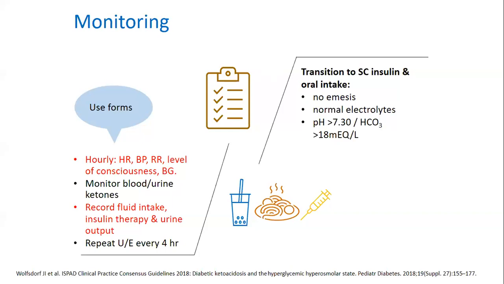So we do not recommend transitioning patients to Mixtard. We recommend that we switch them to basal bolus, which is easier to manage because Mixtard is a combination of 2 insulins, so it becomes very difficult to adjust the individual components. So we recommend that you transition the patients to regular insulin and NPH insulin, or if they are able to afford, then you can transition them to Lantus or Glargine insulin.